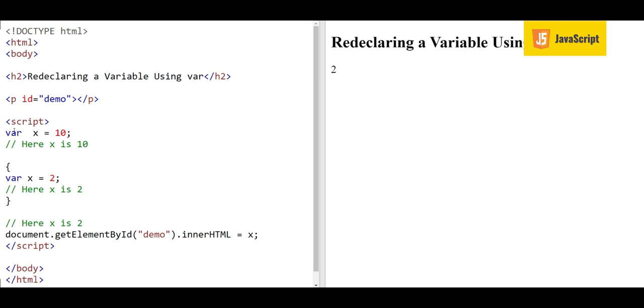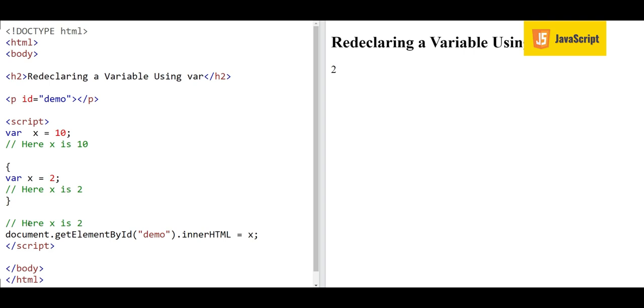Here we have var x is equal to 10, one variable defined outside a block. Here the value is 10. Then inside this block, within curly brackets, we say x is equal to 2. Then outside this block, what will be the value of x?